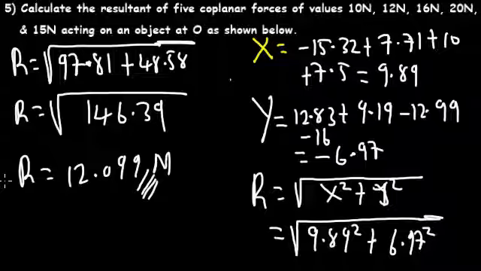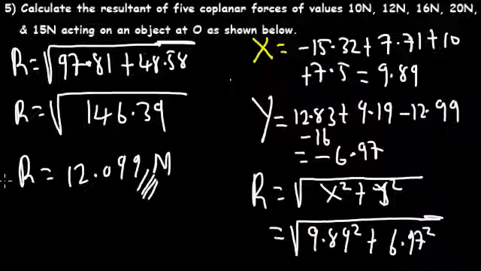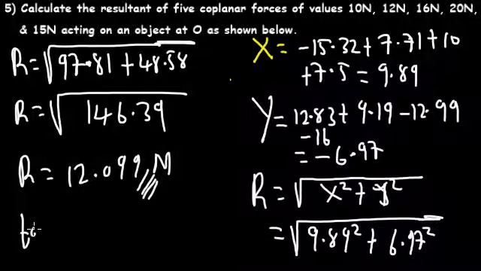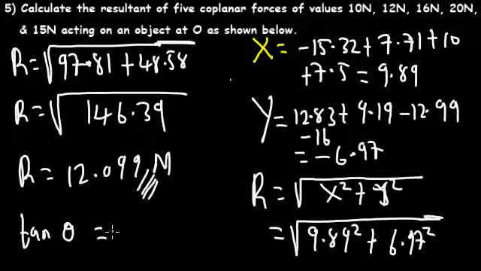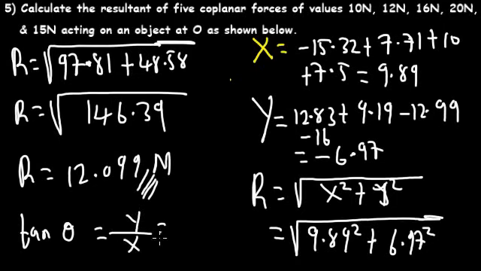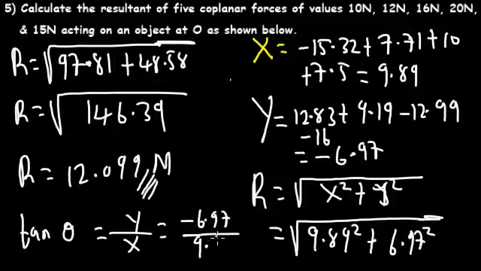Now, once you have the resultant vector, to find the direction of the resultant vector for a system of forces, we use tan theta, the tan of the angle of that resultant vector, which is the direction of the vector, will be y over x, where y will be this one, minus 6.97, and x will be this one, 9.89.